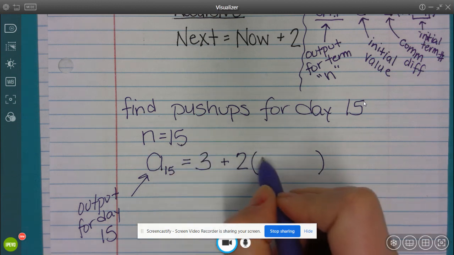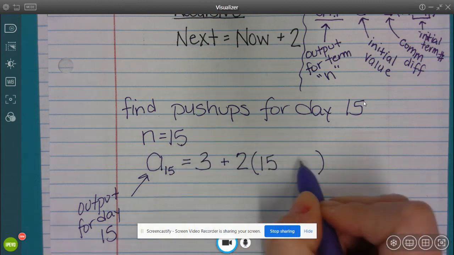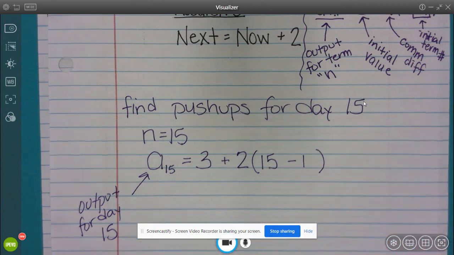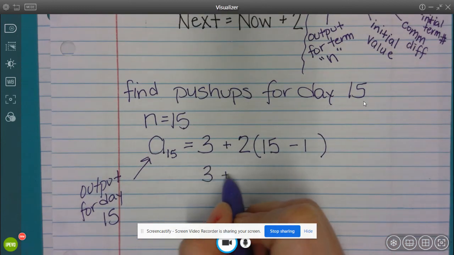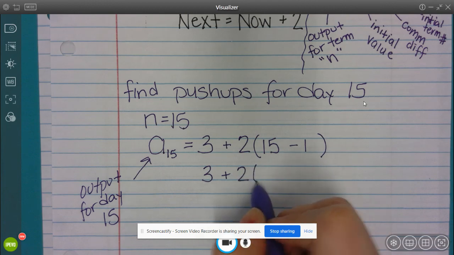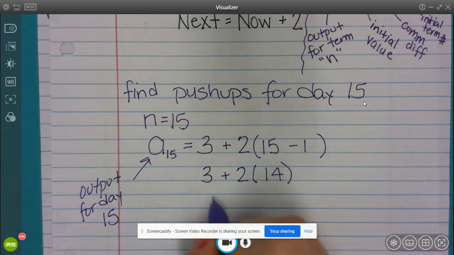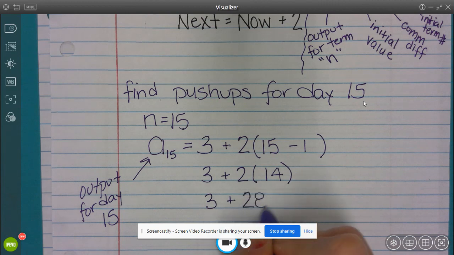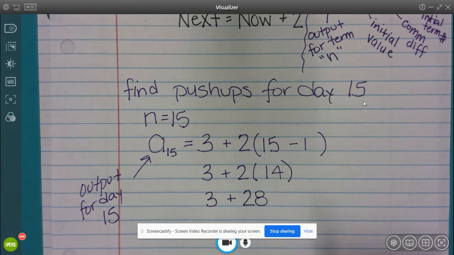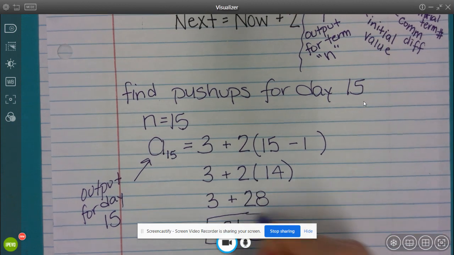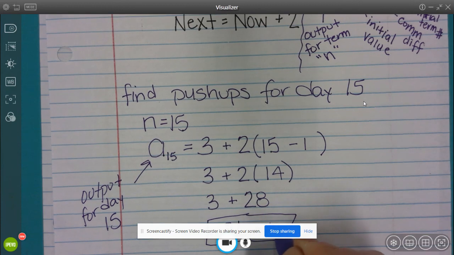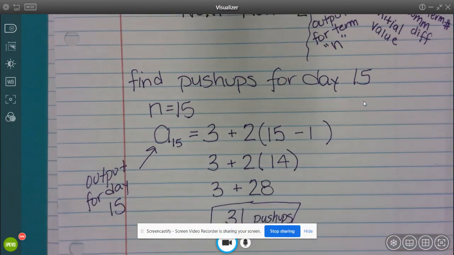Now I have n being 15, and I'm going to take 1 away. So that would be 3 plus 2 times 15 minus 1 gives me 14. 3 plus 2 times 14 is 28. So 28 plus 3 gives me 31 push-ups. So my answer for day 15 would be 31 push-ups.